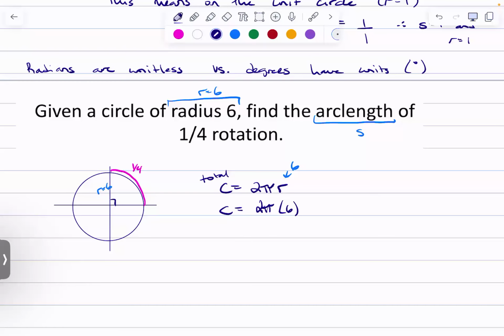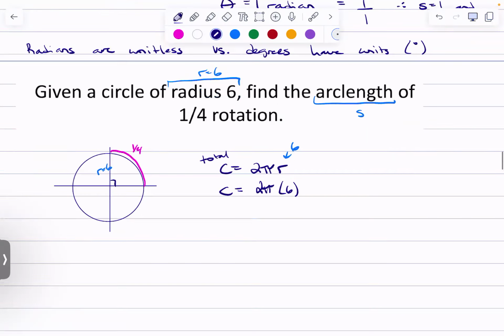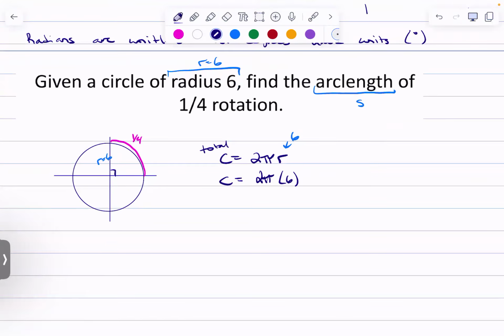Pi is just a number, right? And you've got a pi button on your calculator, which you can use. And so the total circumference must be 12 pi. If you want to, you can convert that to a decimal. I'm going to keep it as 12 pi.